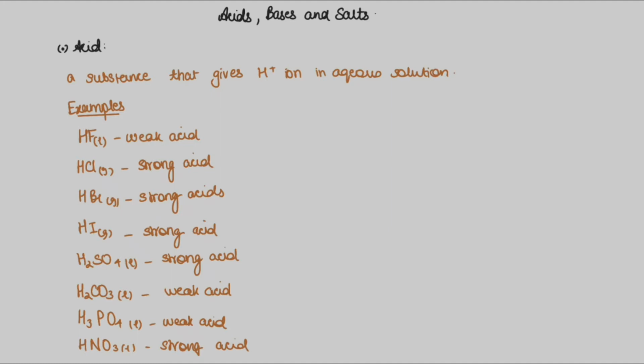So let's move on. Alright, so what is a strong acid and what is a weak acid? So a strong acid completely dissociates in an aqueous solution. Alright, and a weak acid dissociates partially in an aqueous solution.